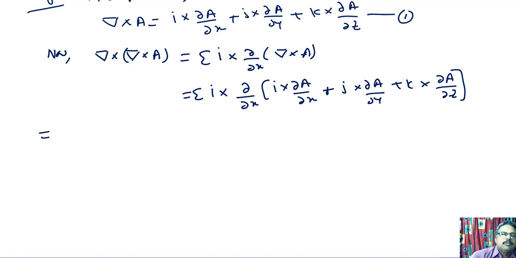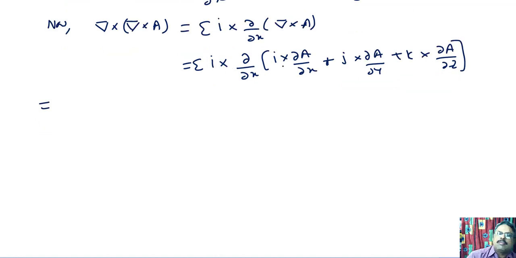Now first differentiate like our previous results. Differentiate using the uv formula for each and every term. Sigma i cross. Now i is a constant vector, so the derivative is 0. So just differentiate the second term: i cross dou square A by dou x square.